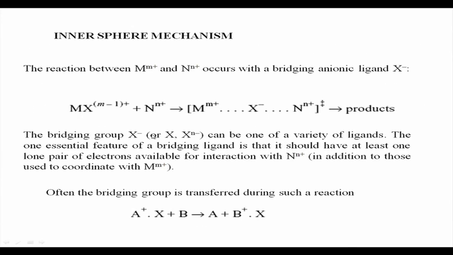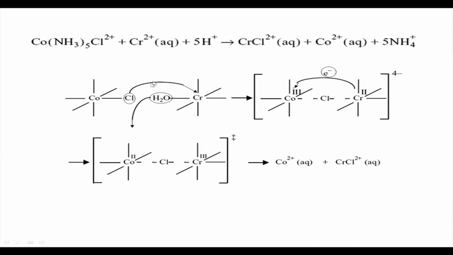You see here, this chloride is already coordinated to cobalt. Now it has a lone pair, and that lone pair is donated over here. This outer circle represents the electron cloud, and the lone pairs are present.